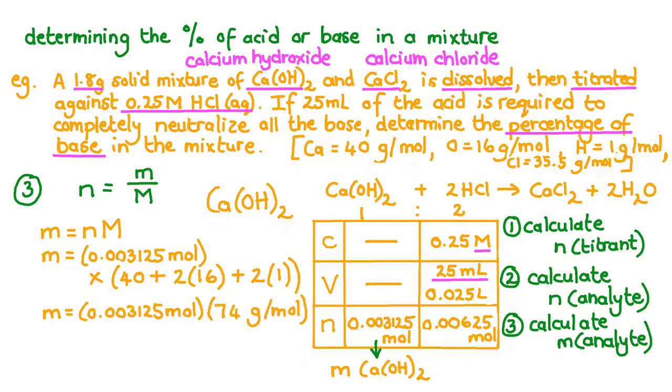This gives us a molar mass of calcium hydroxide of 74 grams per mole, which we multiply by its number of moles. Solving, we get 0.23125 grams. This is the mass of calcium hydroxide in the titration as well as in the original solid mixture.